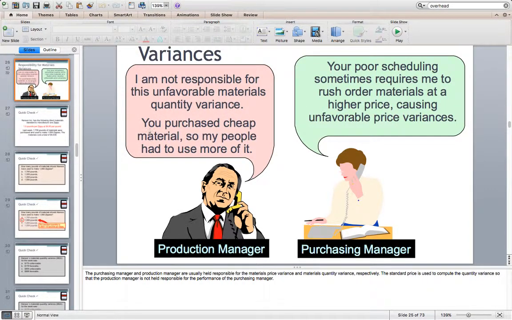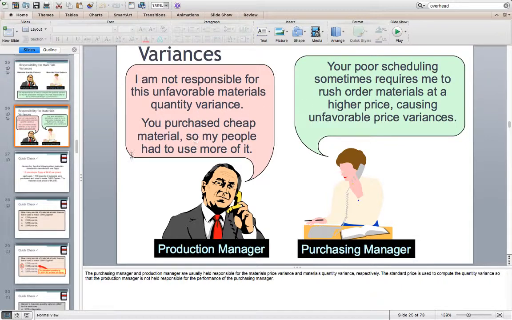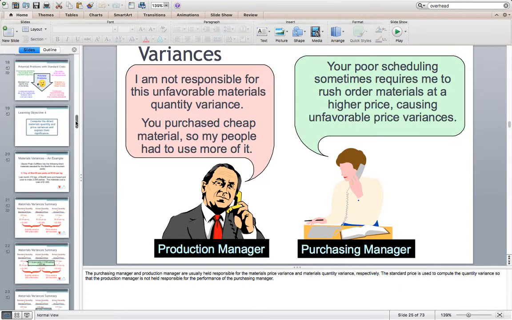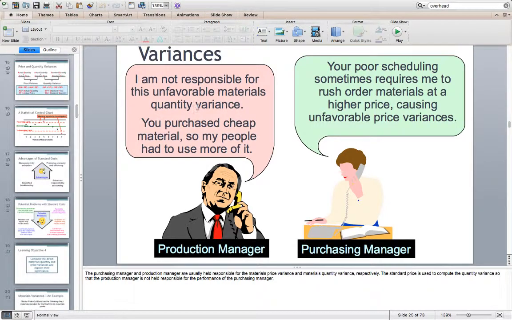Then the production manager will say you bought cheap material, and that brought unfavorable quantity variances. That's just a little more information on who's responsible for the different variances. The cheap material could lead to quantity variance, and the poor scheduling could lead to rush orders with higher price variances.